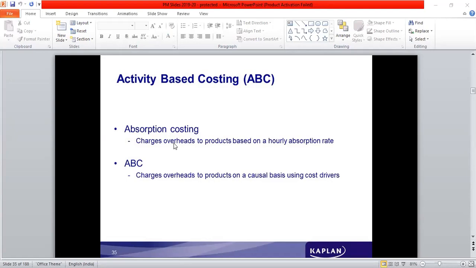Activity based costing identifies these disadvantages with the traditional costing system. It suggests that overhead costs should not be accounted that way, but should be accounted based on what the activities are.